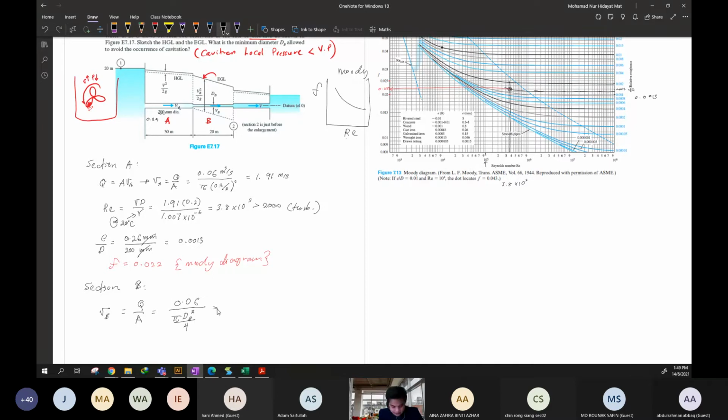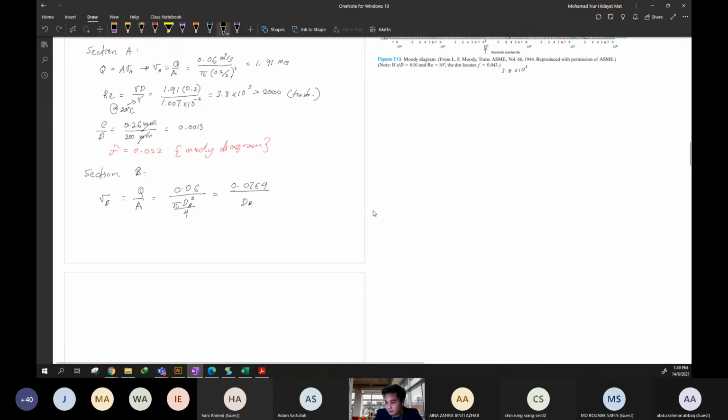Then try to solve. You'll find the answer is 0.0764 over dB. This is the relationship between VB and dB.